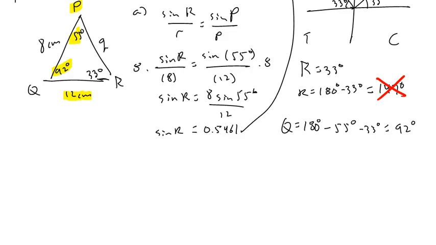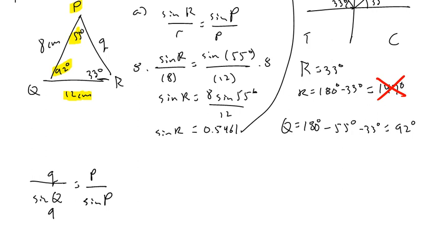Okay, so we're going to go Q over sine Q equals P over sine P. Notice I've got the side lengths on top this time because we're looking for a side length. It just makes things a bit easier.